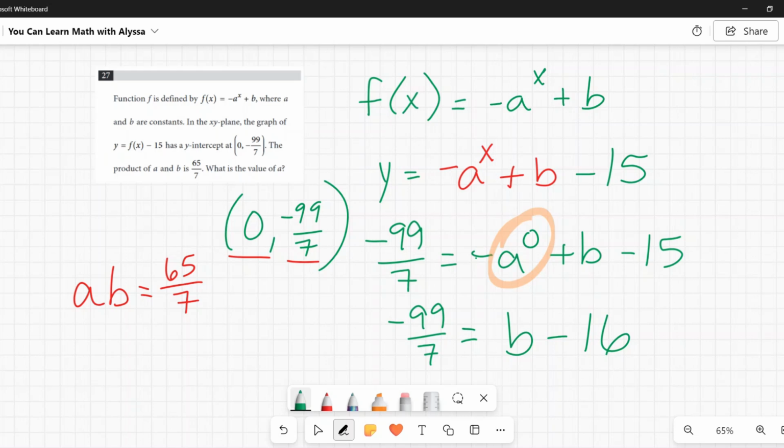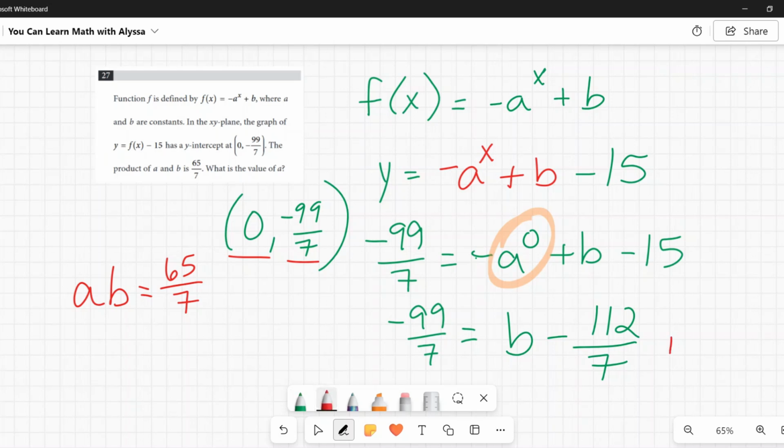All right, I'm going to keep this in sevenths because this is one of those problems where you have to plug in your answer. So they're not going to accept a mixed number for my answer. It has to be an improper fraction or a decimal. So I'm going to convert that negative 16 into sevenths. 16 times 7 is 112, so this is negative 112 sevenths.